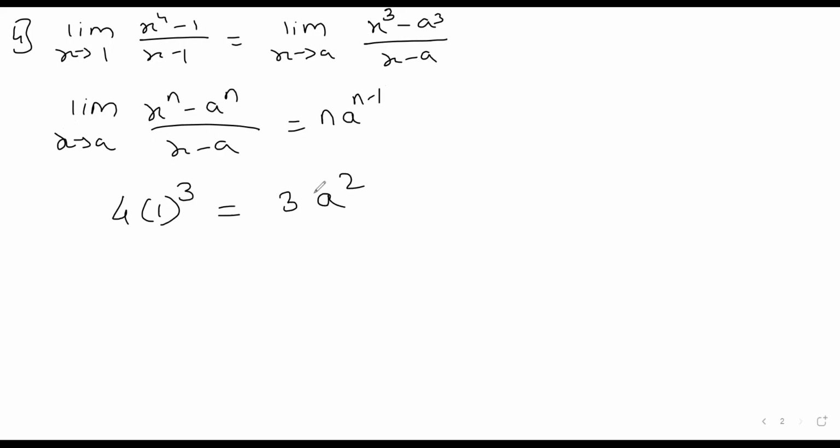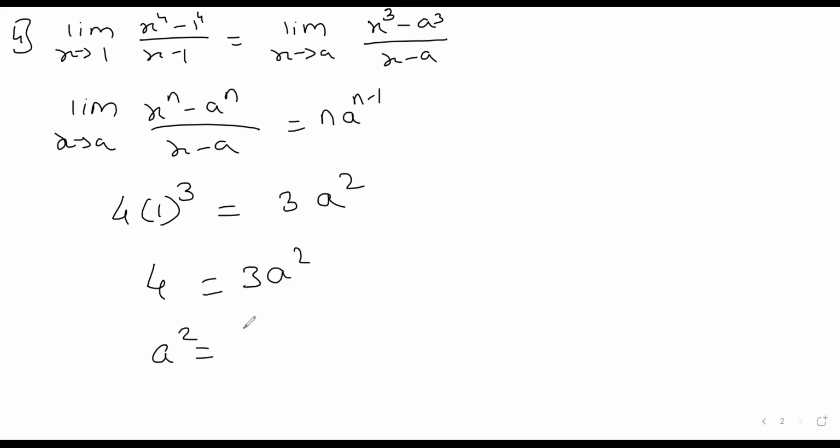X raised to 4 minus 1 means x raised to 4 minus 1 raised to 4, right? So this applies here. So it is 4, a is 1, 1 raised to 4 minus 1, that is 3. And here it is 3, a raised to 3 minus 1, that is 2. So this is 4 equals 3 a square.